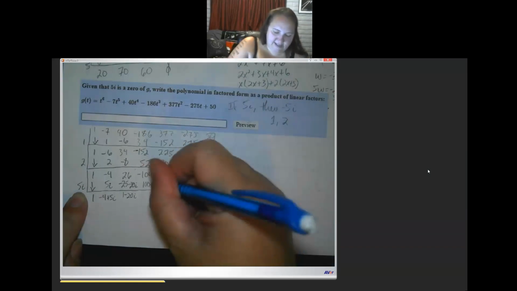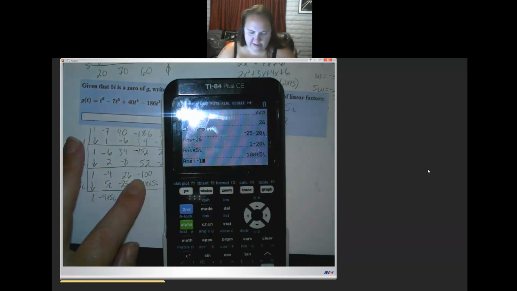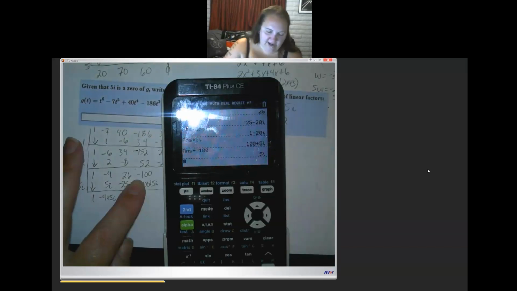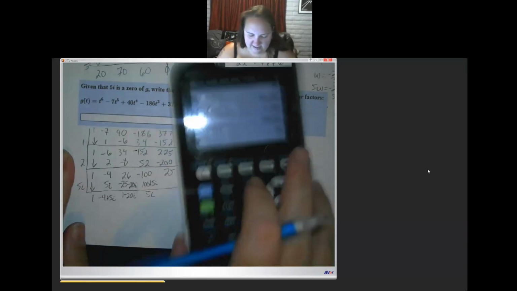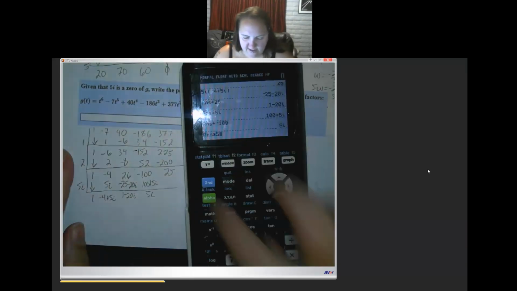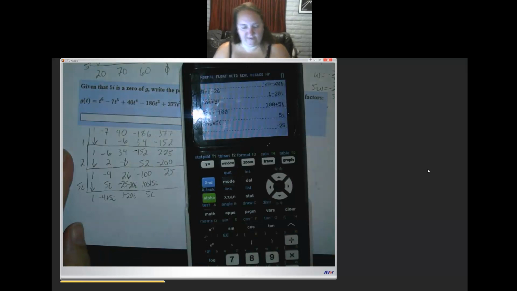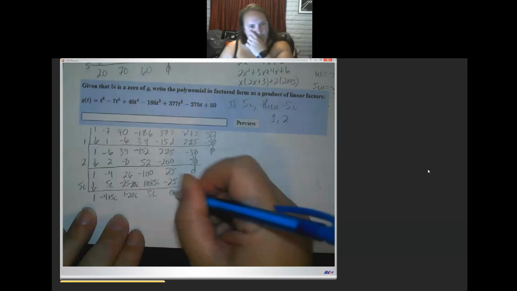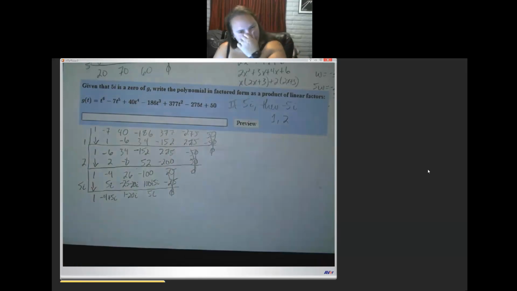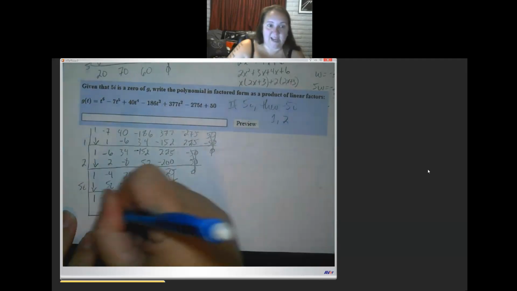Then I'm going to add that with negative 100 and just get 5i. Then I'm going to multiply that times 5i. Negative 25. So again, I'm not doing any of that by hand. I'm not expecting you to do any of that by hand.